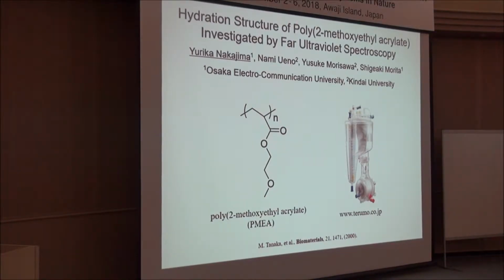Therefore, this polymer is used as a coating material for medical devices. It has been believed water molecules play important roles for the biocompatibility, since PMEA shows similar DSC results with biopolymers such as protein.